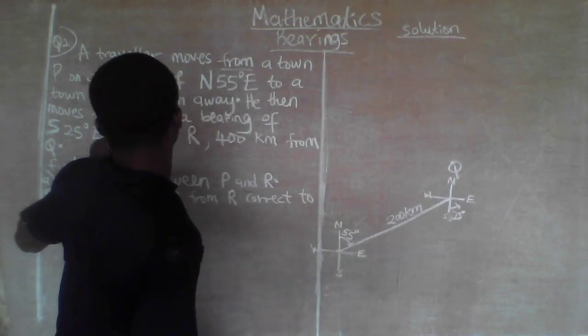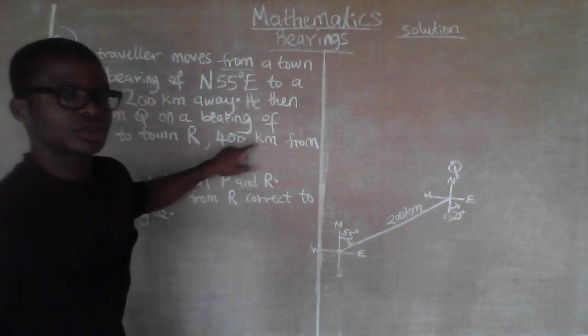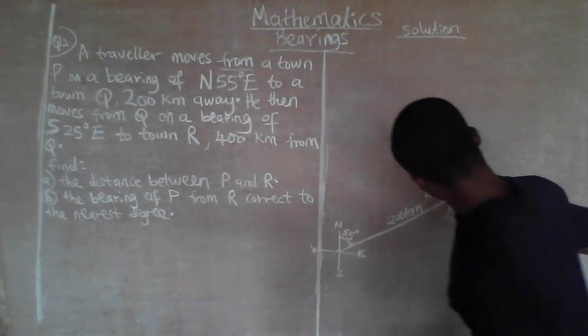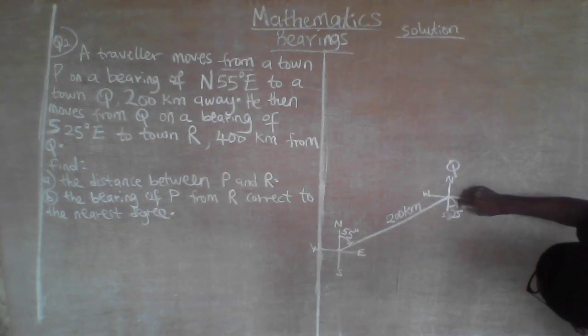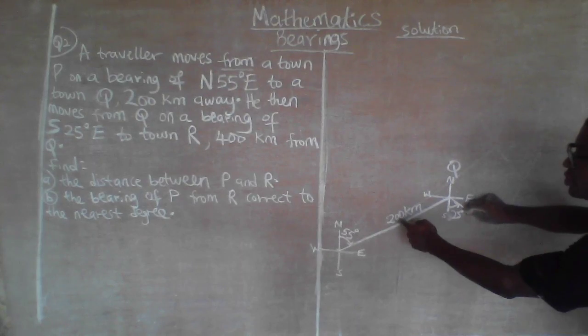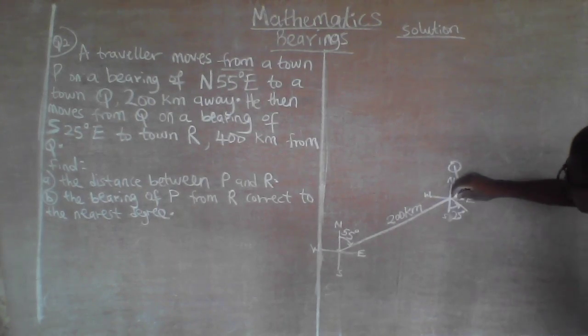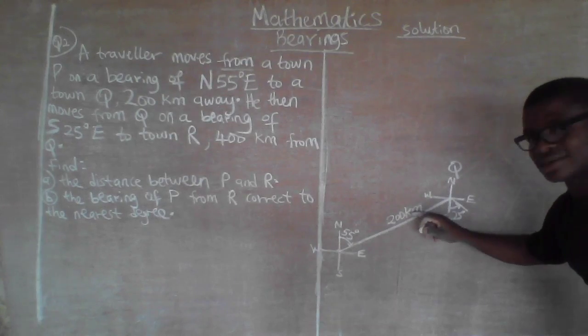Where this 25 degrees stops, draw a line that signifies the distance traveled, which is 400 kilometers. Remember, this line should be greater than the first one, because that one is 200 kilometers but this one is 400 kilometers. In fact, this line should be twice the first one.